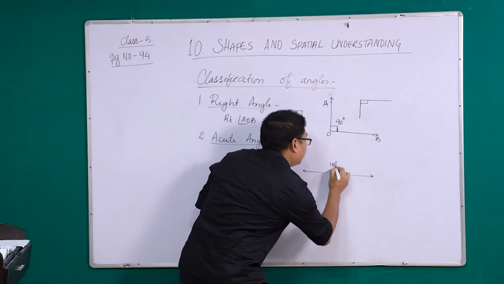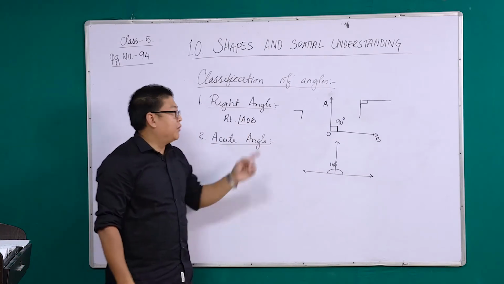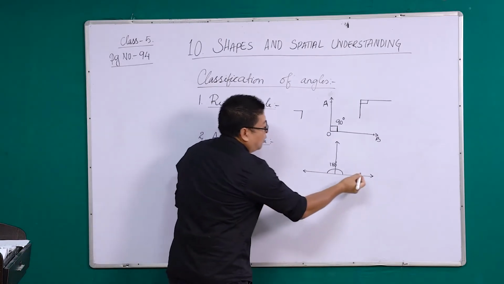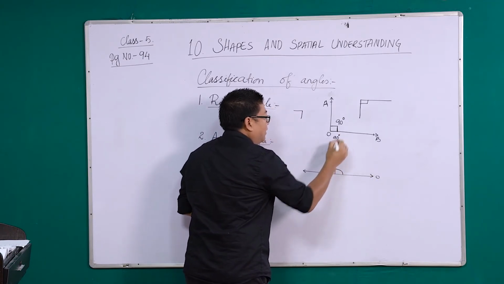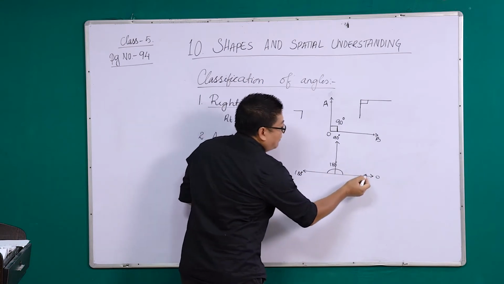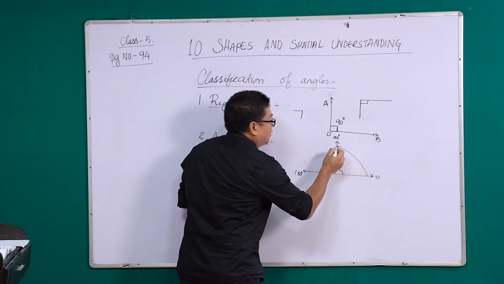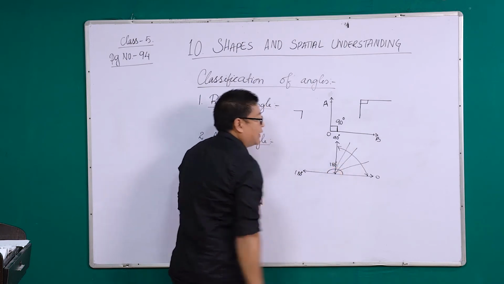We have learned about the right angle. Now, from here it starts from 0, then 90, and here it is 180 till here. Okay? So whatever angles lie between here, it can be like this, like this, like this, all right?